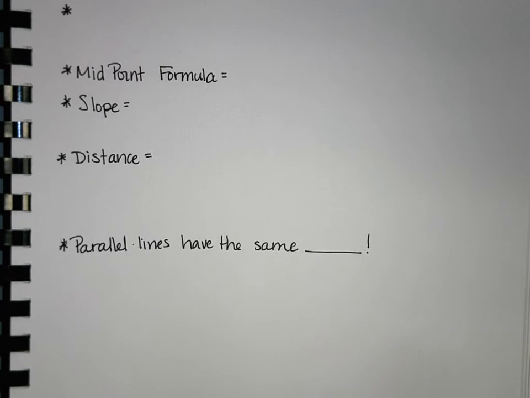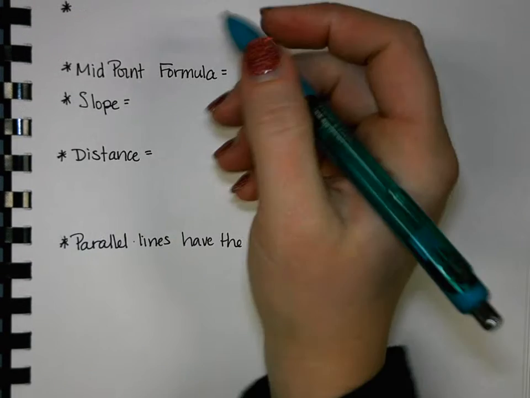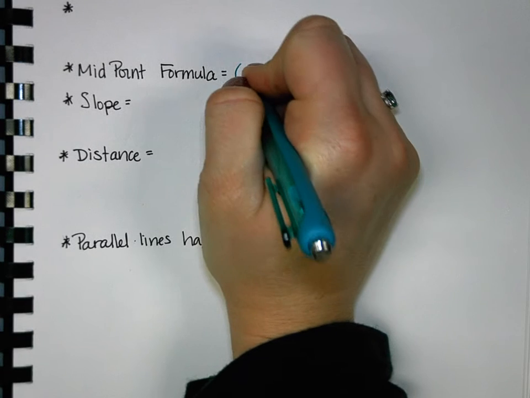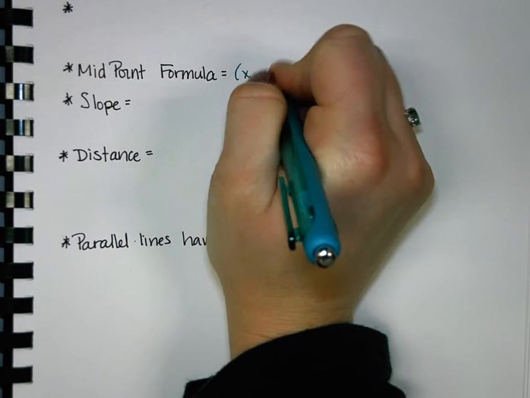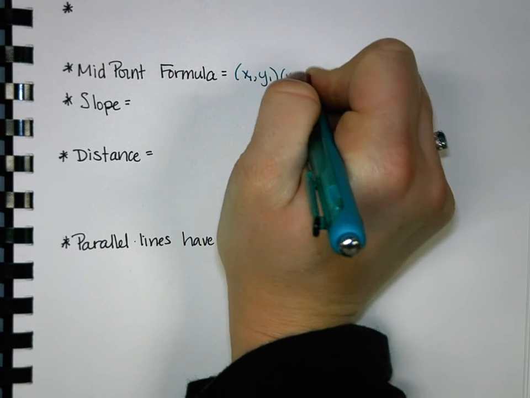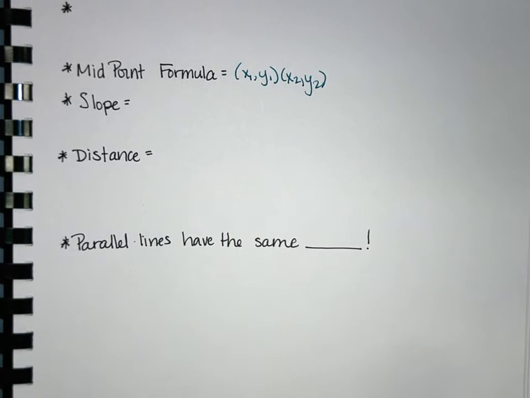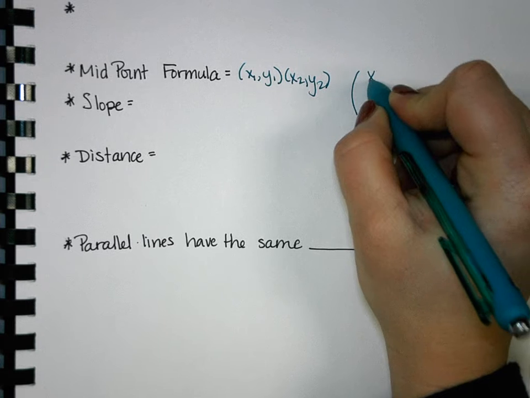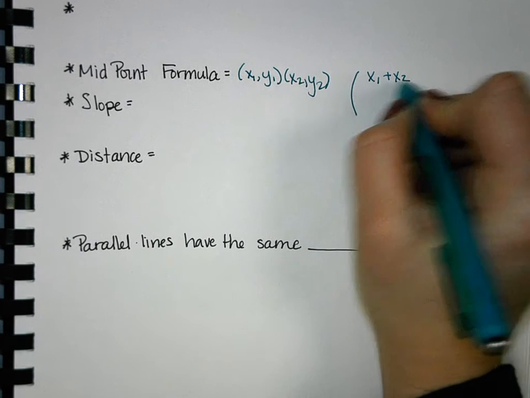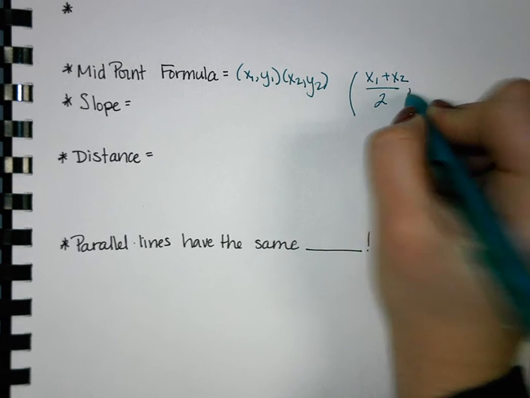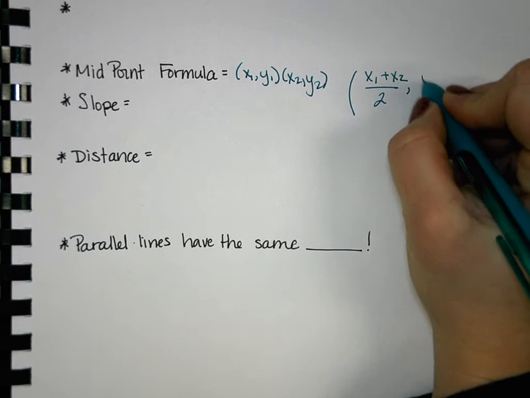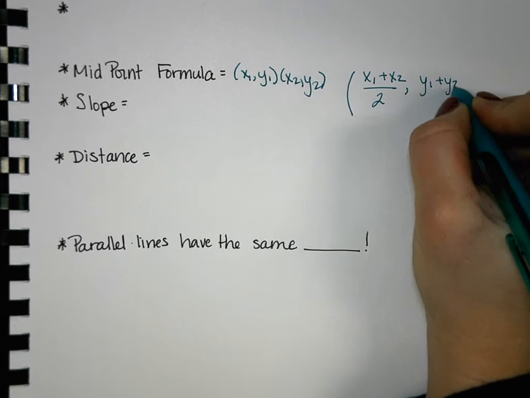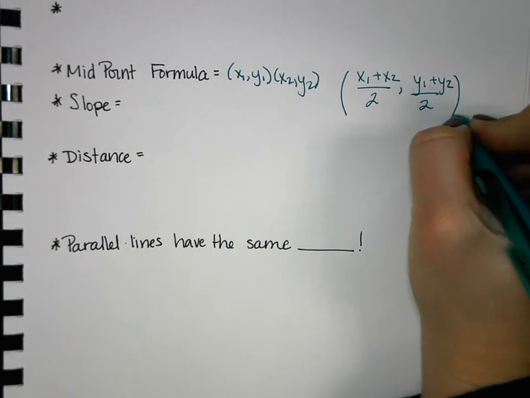So if we flip the page here, we have our midpoint formula where we have an x1, y1 and an x2, y2. So you have to know ordered pairs for this midpoint formula. The formula itself is x1 plus x2 divided by 2 and y1 plus y2 divided by 2.